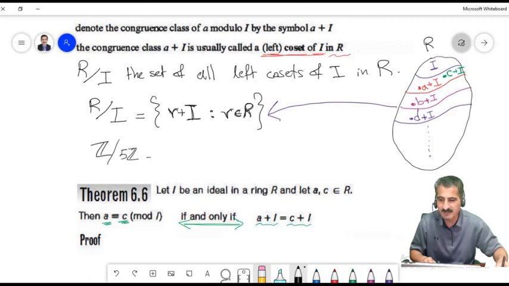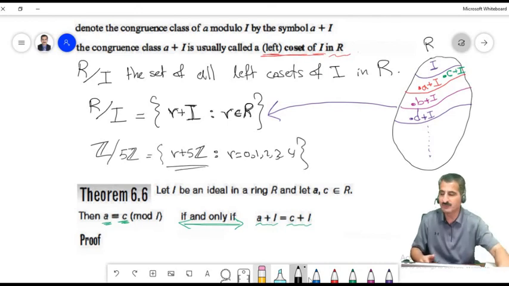A lot of elements give us the same coset. That was R plus 5Z, but it suffices to take R to be 0, 1, 2, 3, 4, and then we are done. So we have 5 cosets only. So two congruent elements will give you the same coset.